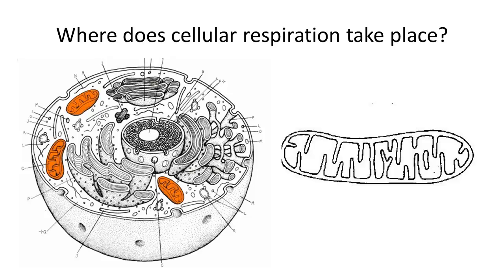Known as the powerhouse of the cell, the mitochondrion, mitochondria for plural, is enclosed by two membranes. The outer membrane, as I'll indicate here, and an inner membrane.